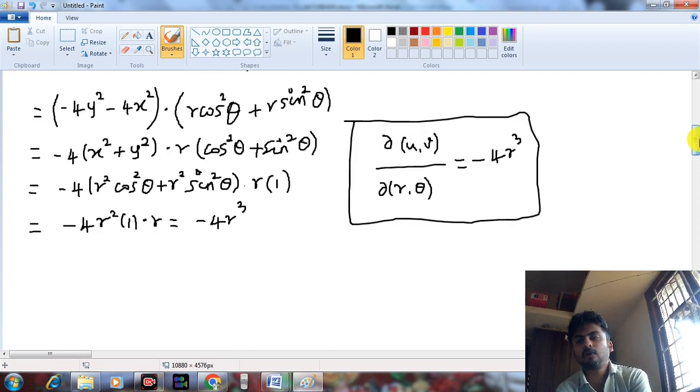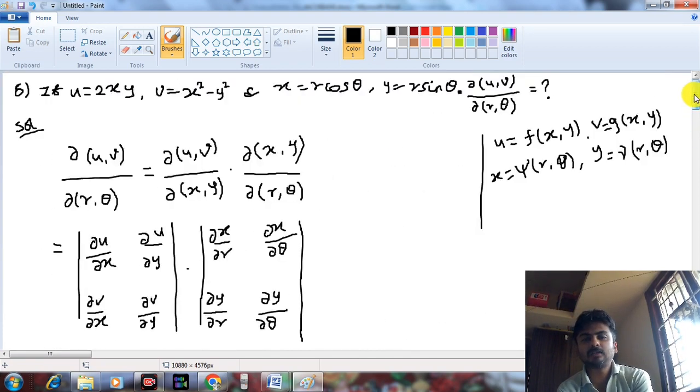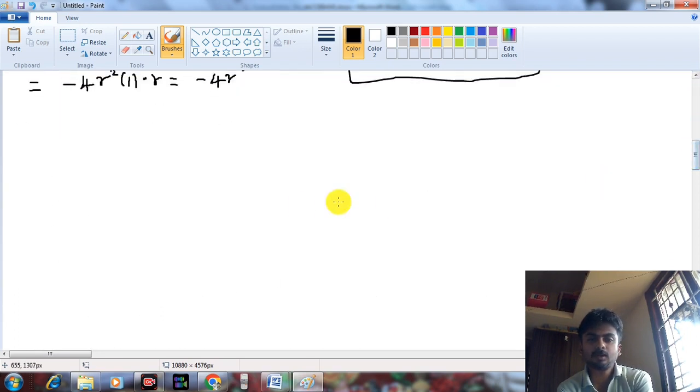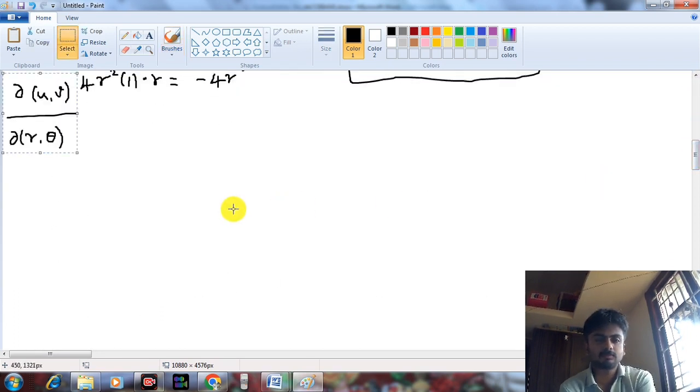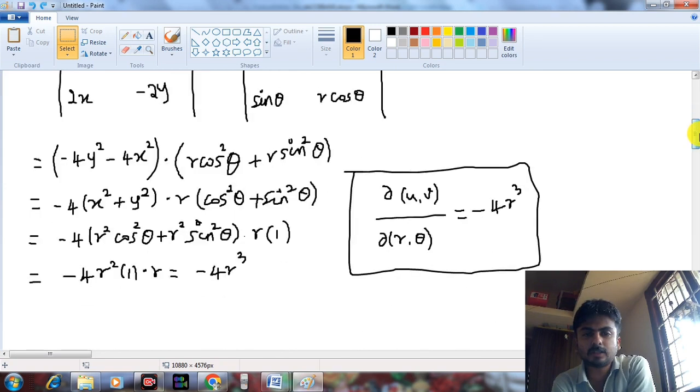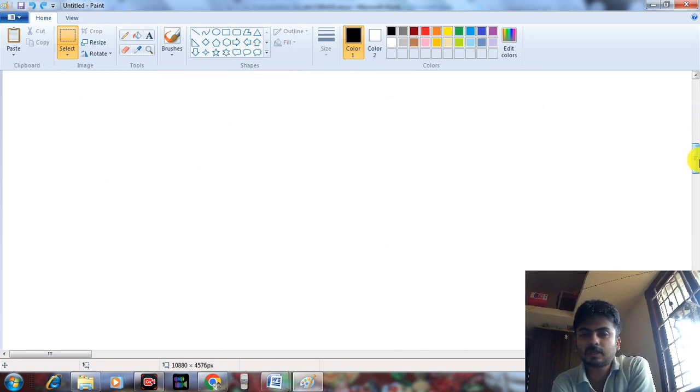Now as I have already mentioned, we can do verification. How to do the verification? Here we are having dou u comma v divided by dou r comma theta. So we shall write here separately verification: how to verify whether our answer is correct or not.